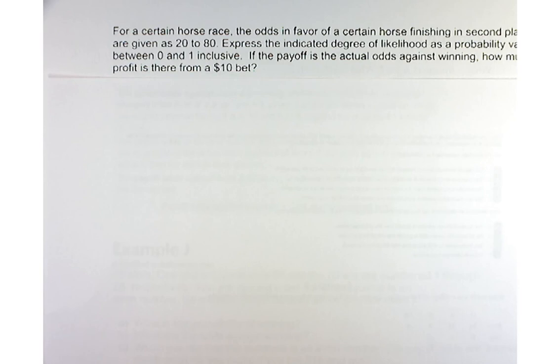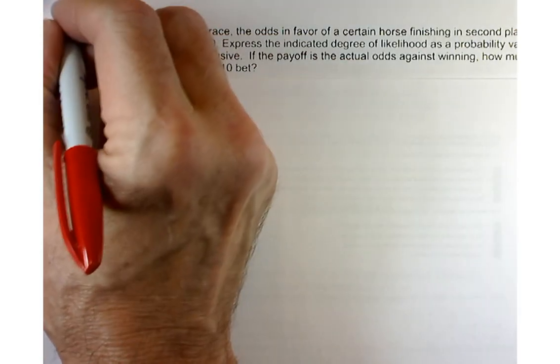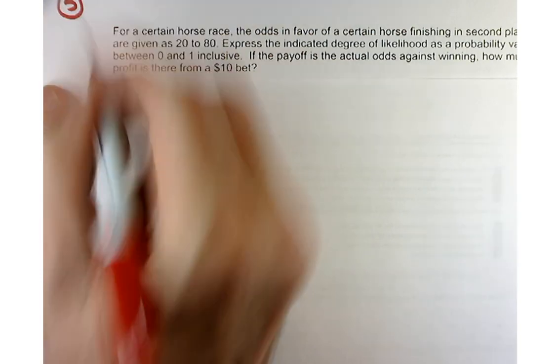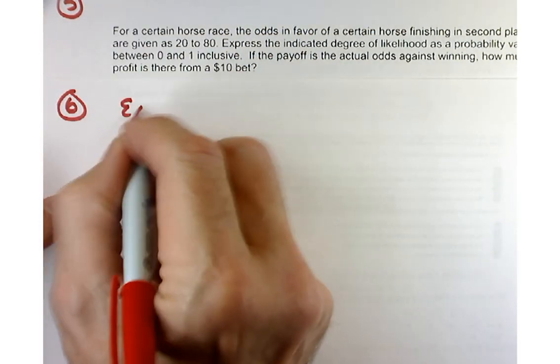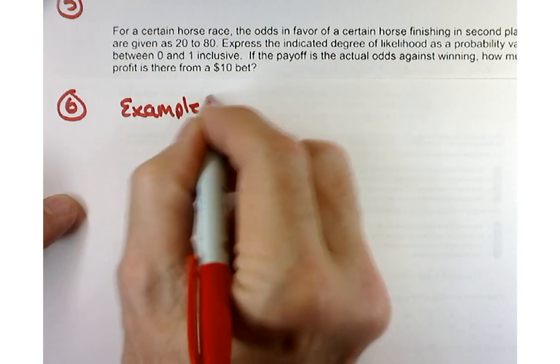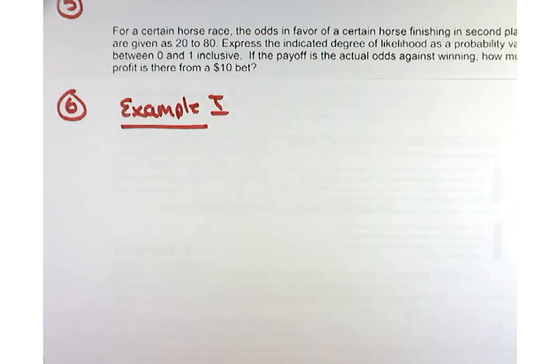Express the indicated degree of likelihood as a probability value between 0 and 1 inclusive. And then we'll work on the payoff odds in just a minute. But let's take a look at example I. So the odds that are given here are 20 to 80.